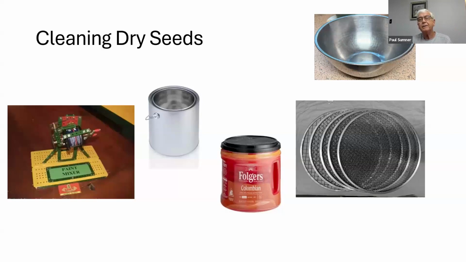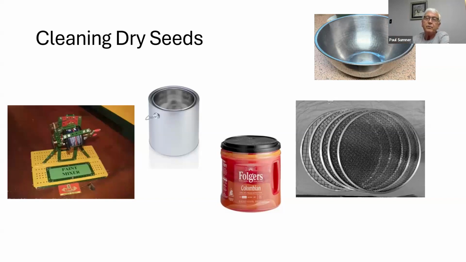Then, with two pans, go outside on a slightly breezy day and transfer the seed from one pan to the other, with the wind blowing across it, and you can get a lot of the litter out of that pile of seed.